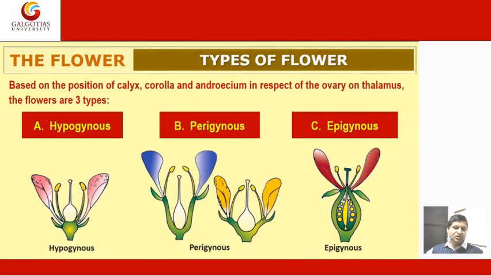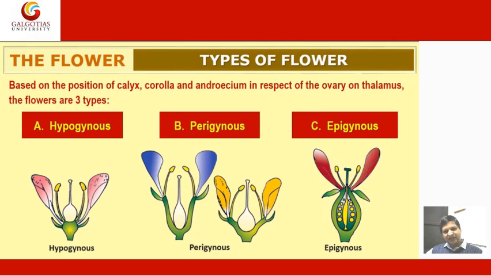Based on the position of calyx, corolla, and androecium with respect to the ovary on the thalamus, the flowers are of 3 types. First, hypogynous. Second, perigynous. Third is epigynous.